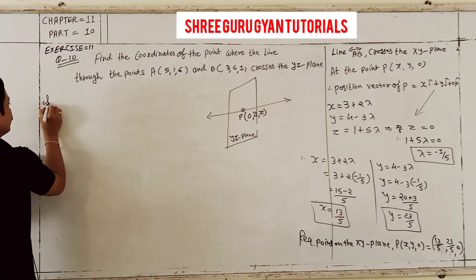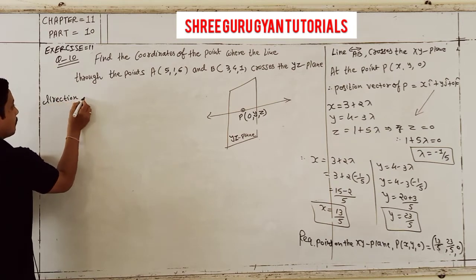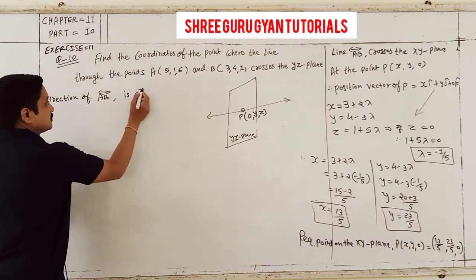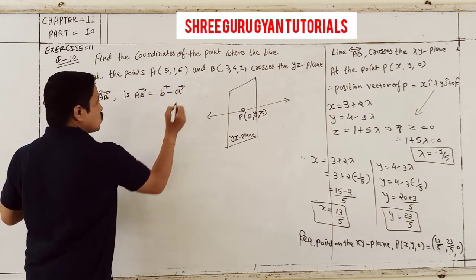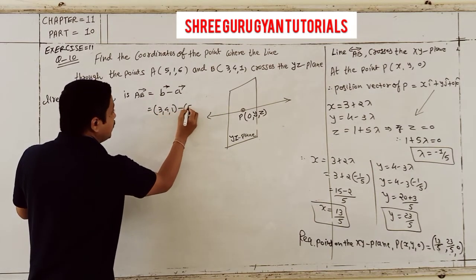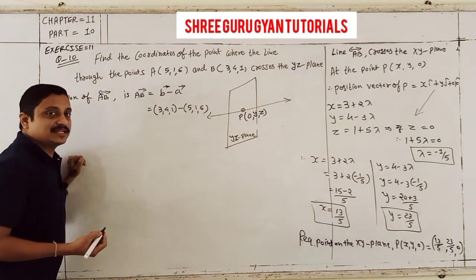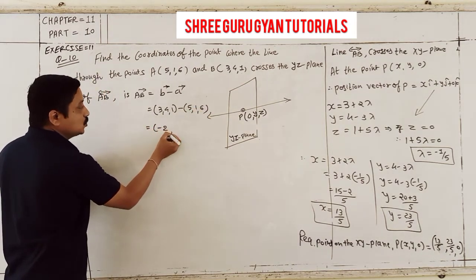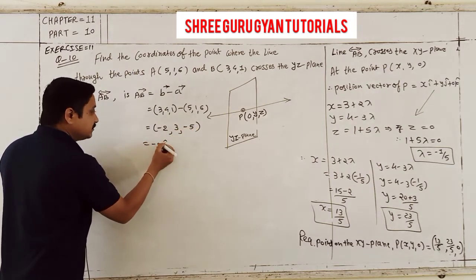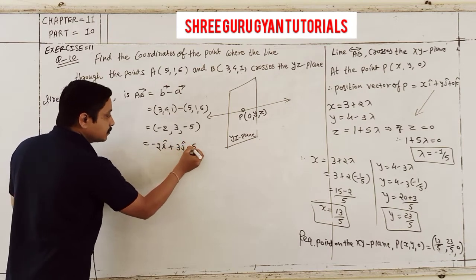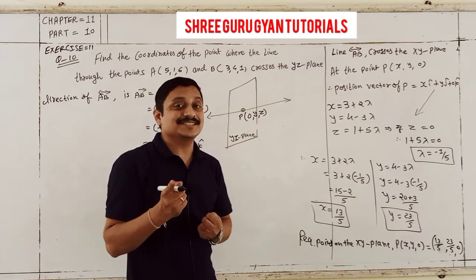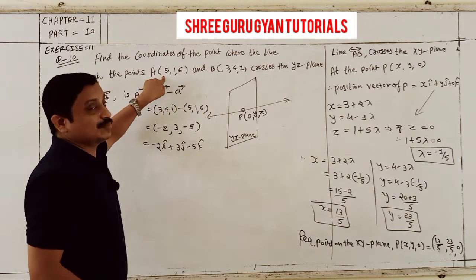The direction of line AB is B's position minus A's position. Here B is 3, 4, 1 and A is 5, 1, 6, and you will get 3 minus 5 is minus 2, 4 minus 1 is 3, and 1 minus 6 is minus 5, so minus 2i plus 3j minus 5k. That is the direction of AB. Now, with the AB direction and passing through it, you know the first point is A.